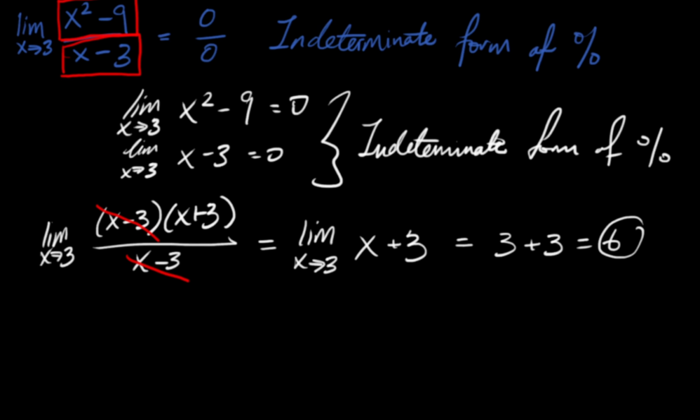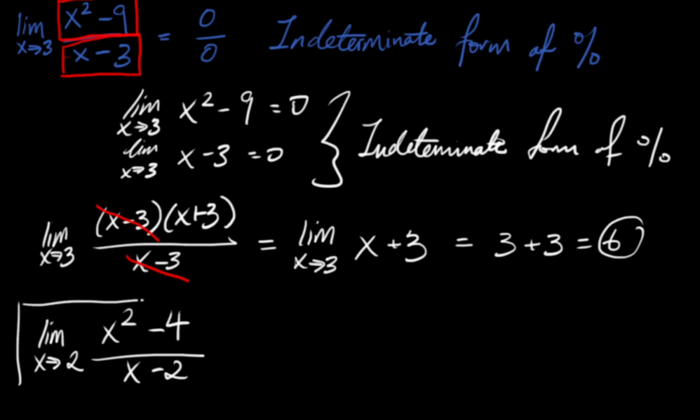So now we're going to try another problem, and let's see. The limit as x approaches 2 of x squared minus 4 over x minus 2. Now take a moment to figure this out on your own. It's the same exact way how we always do it.